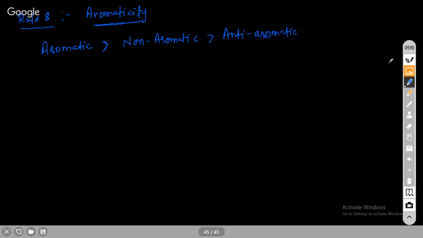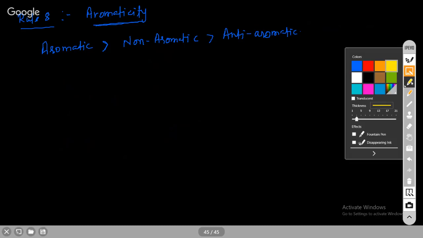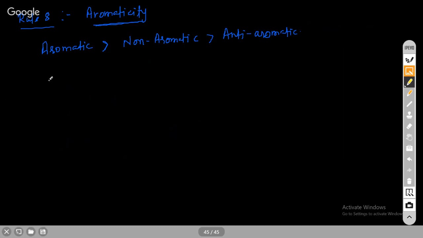Okay, now you see the example here. Suppose the first compound is this, CH2, A. You draw the resonating structure.